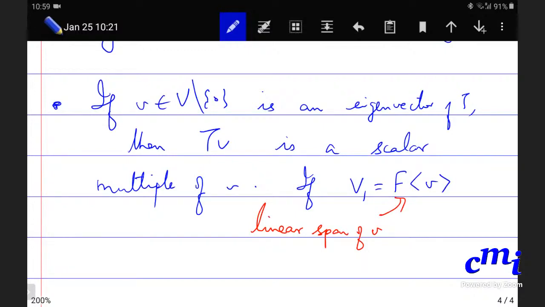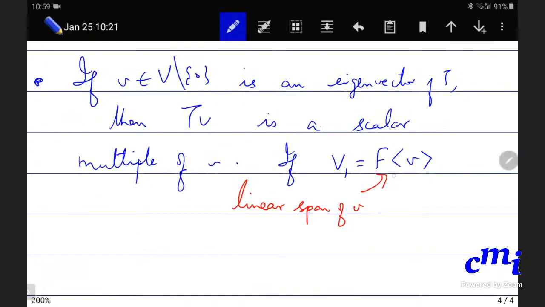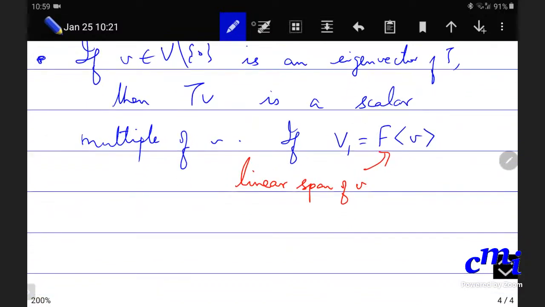If I want to specify what field the scalars are coming from, I will also write the field. Here there's only one field that we're discussing, so it doesn't really matter. This is just notation; if you haven't seen it, I'm going to use it consistently throughout, angle brackets to denote linear span. So TV is a scalar multiple.